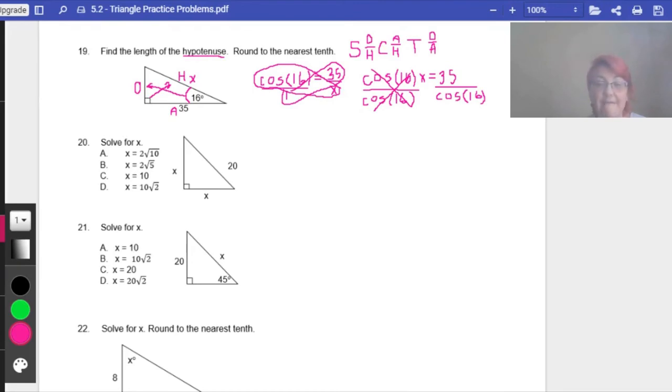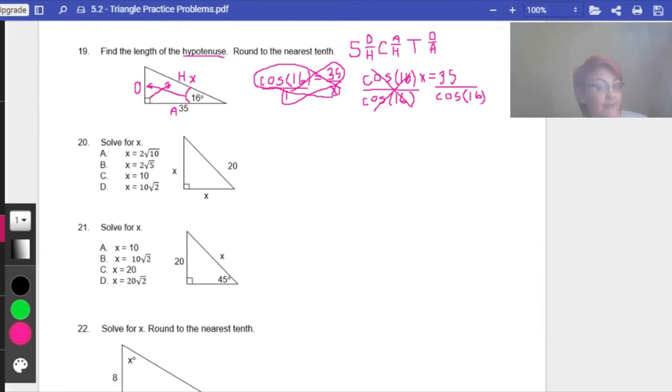If you have an Apple in your calculator, I believe what you have to do is type in 16 and then hit cos. Write whatever number that is down. Let me just check and see what it is. You'll get 0.96126, and then you'll just type into your calculator on your phone 35 divided by 0.96126.